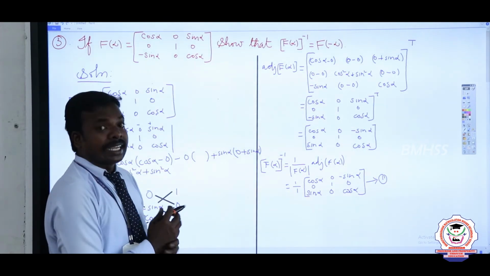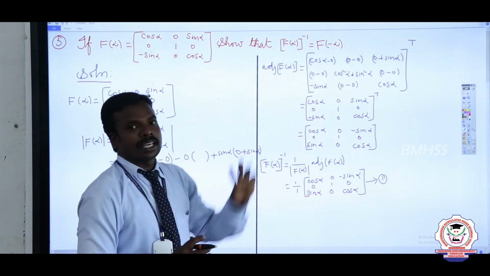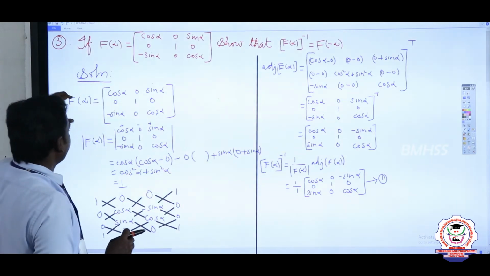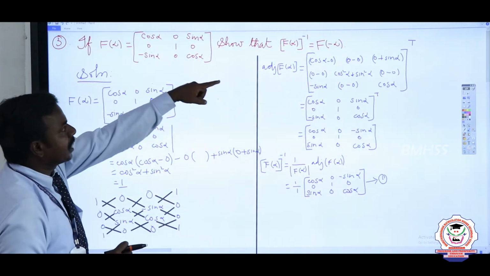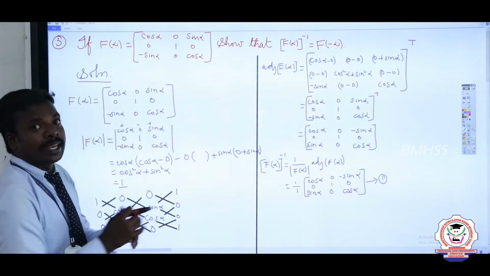Now I am going to find the right hand side. The right hand side is given as f of minus alpha. Small change from the given f of alpha: I am going to change alpha to minus alpha.